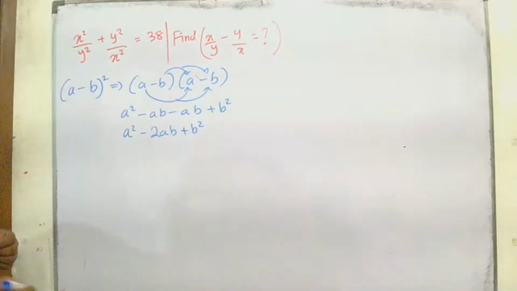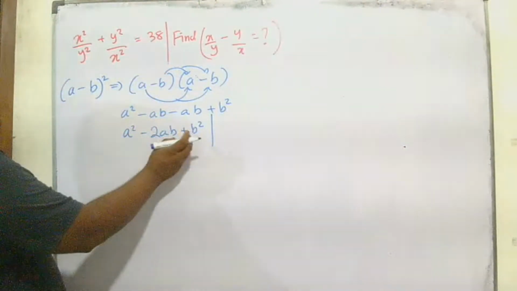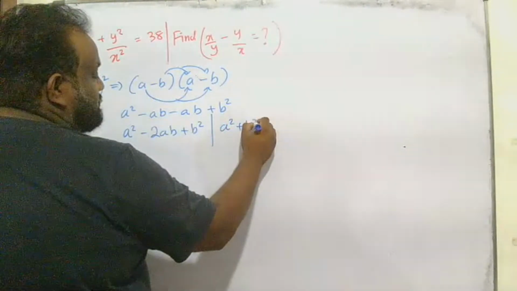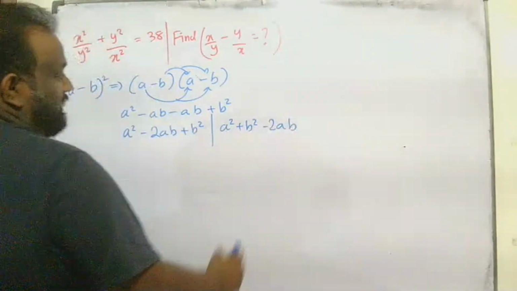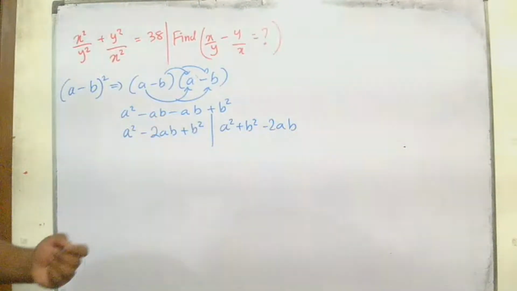Also, children, I can rewrite this by changing the position of the terms and write it as a squared plus b squared minus 2ab. This we will use for further reference.